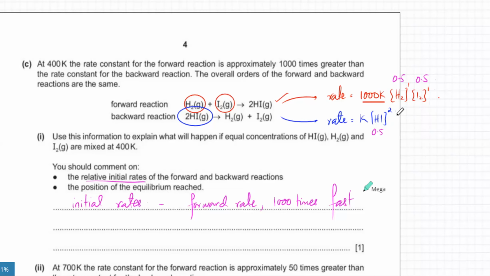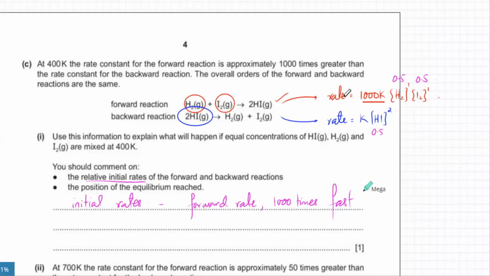So the difference is that the forward K is 1000 times bigger than the backward K. And initially he asked what will happen if equal concentrations of HI, H2 and I2 are mixed together. So I just plugged in, let's say they're equal concentration. H2 is 0.5 mole per dm cube, this is 0.5 mole per dm cube, and HI is also 0.5 mole per dm cube.